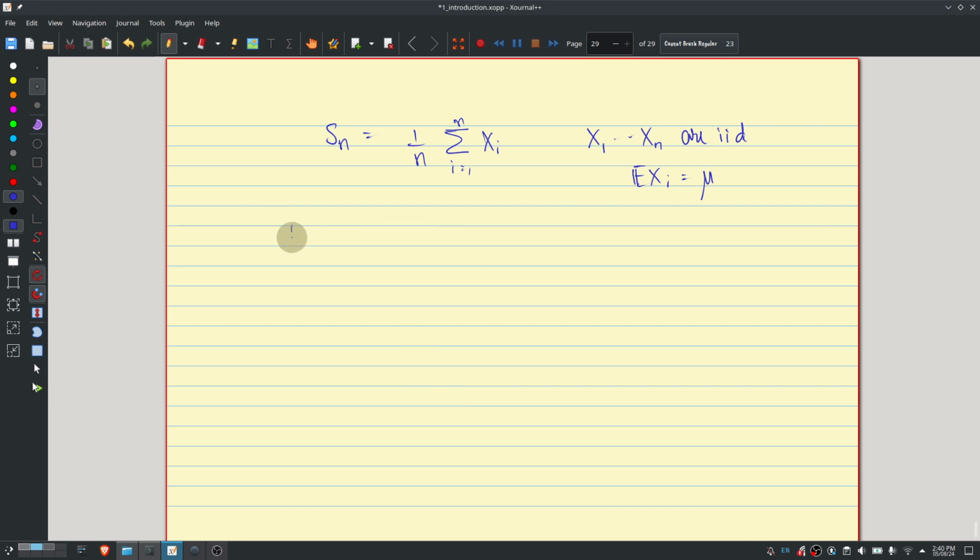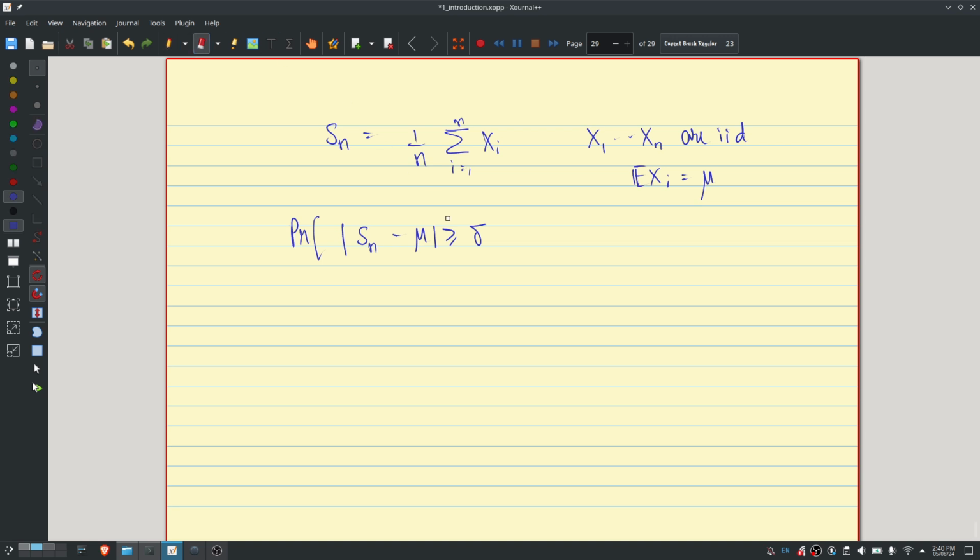So in this case, what is the probability that the average Sn minus mu is greater than or equal to delta?